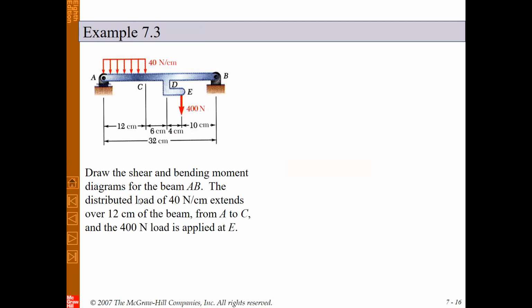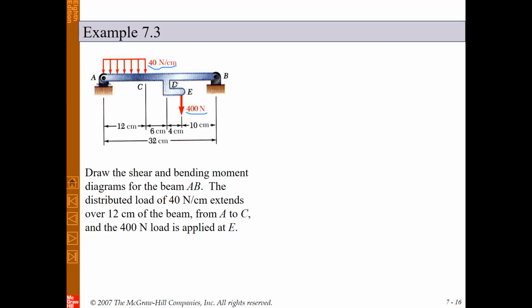The distributed load of 40 Newton per centimeter extends over 12 centimeter of the beam from A to C, and the 400 Newton load is applied at E. So this beam is subjected to one distributed load here, as you can see, 40 Newton per centimeter. And also we have one 400 Newton force here at E.